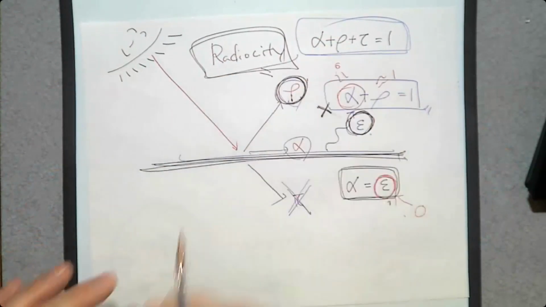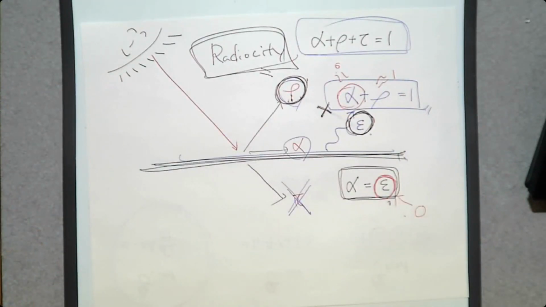This is the total radiation from this surface: the radiation created by its own surface plus the radiation reflected from the incoming radiation. Together that is the radiation from a surface. Okay? I know it sounds a little bit complicated, right?